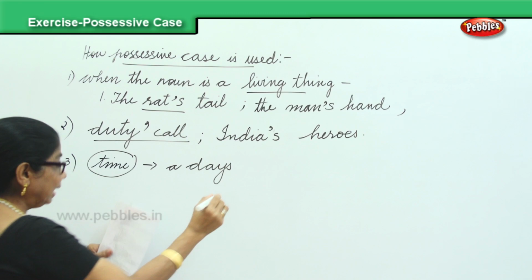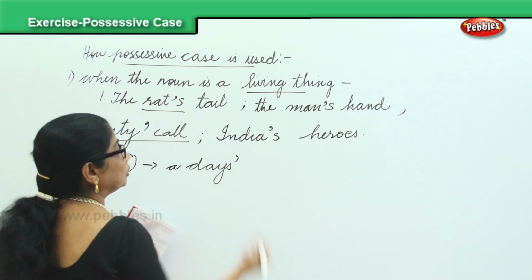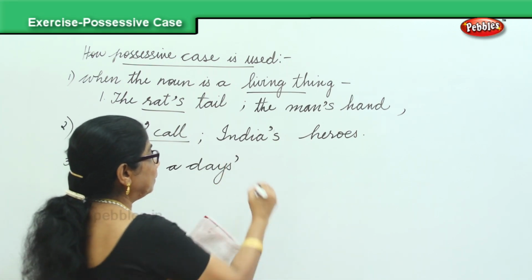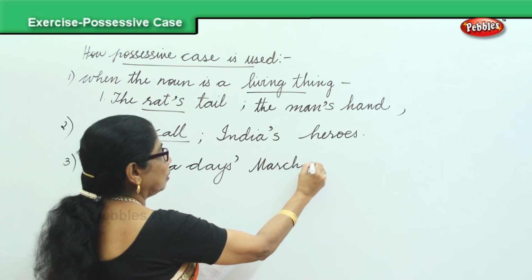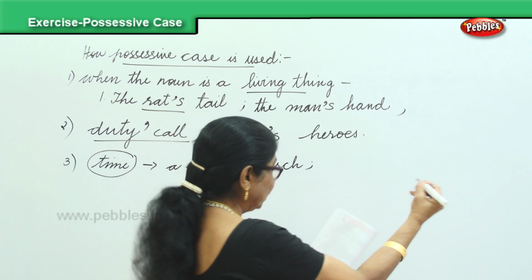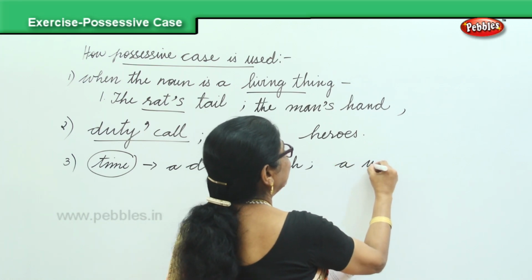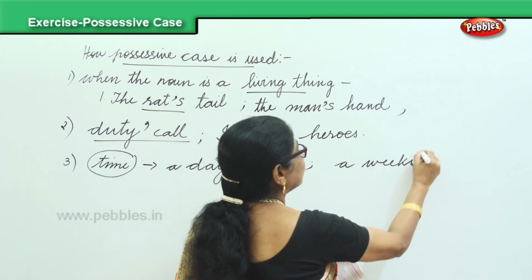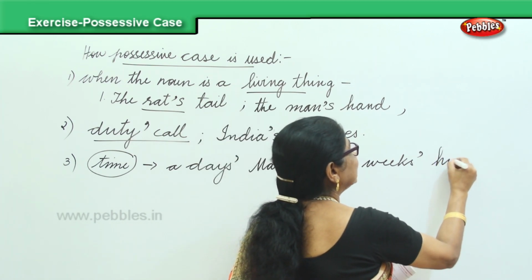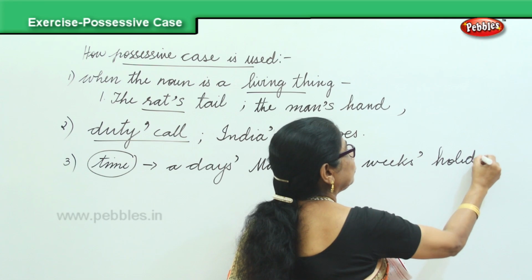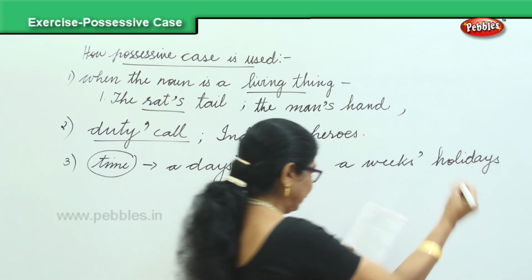You put the day, and after that, the apostrophe. A day's march. Or you will say, a week's holiday. You put the apostrophe after week.